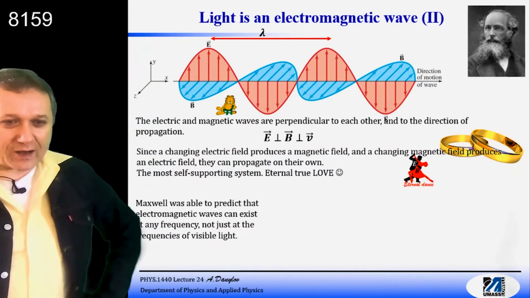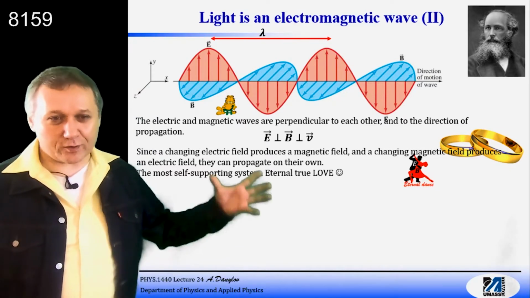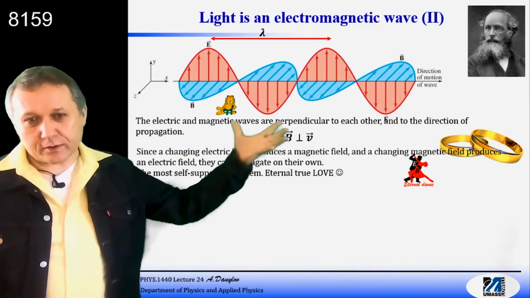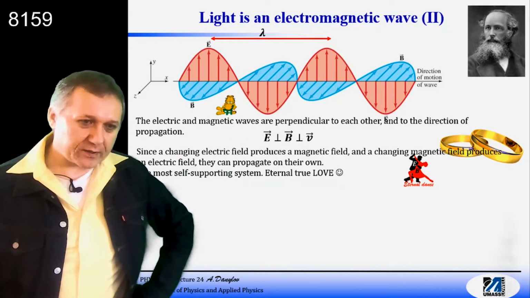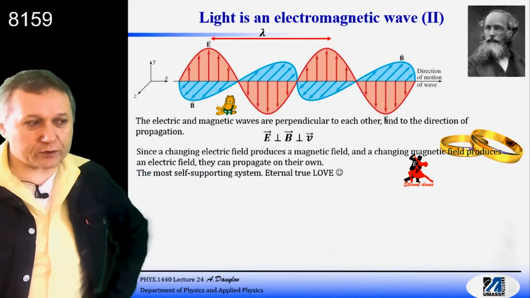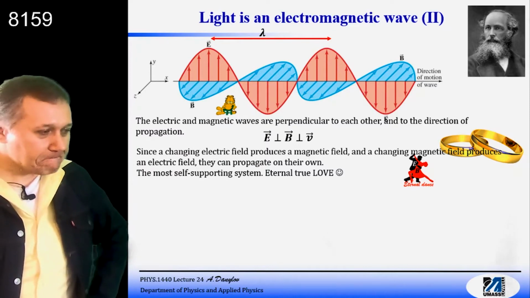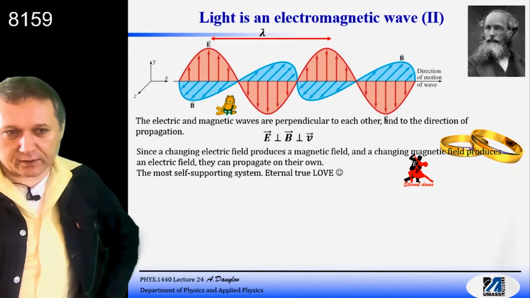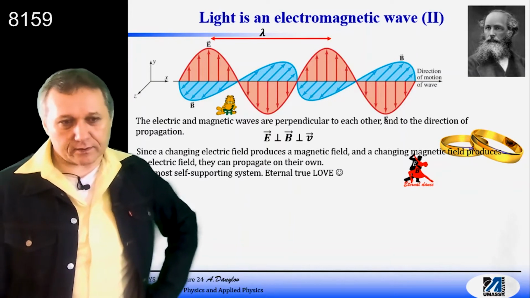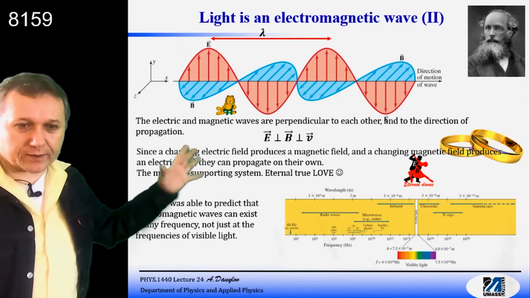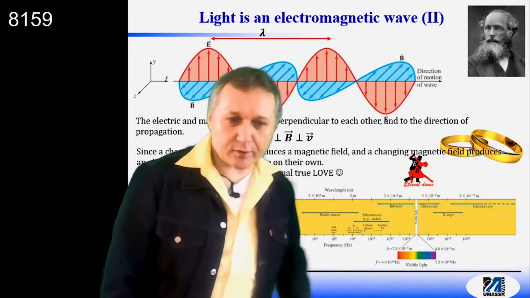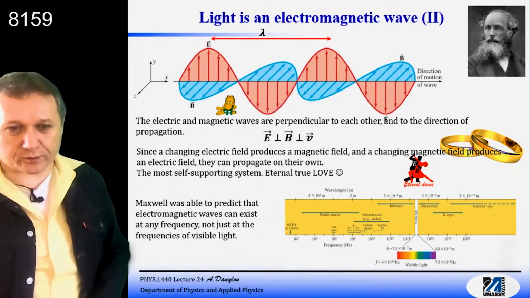Okay, so now after discussing this, next. Of course, when Maxwell realized that light is an electromagnetic wave, he also came to the conclusion that electromagnetic waves can exist at different frequencies. And he realized that there's a whole spectrum, the electromagnetic spectrum.